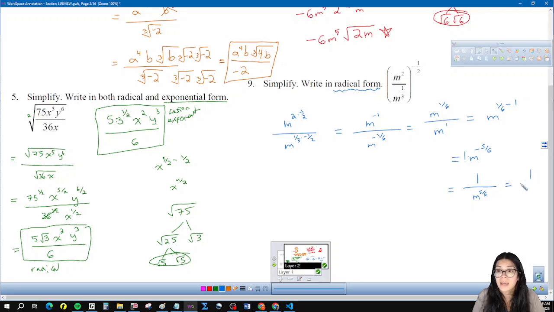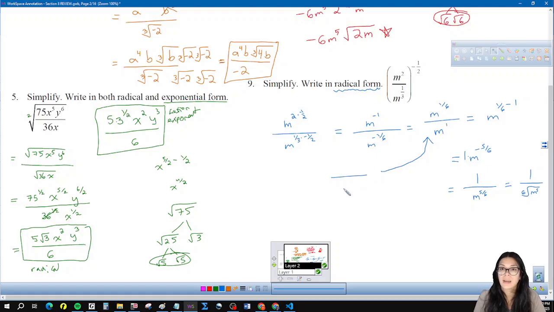And if we did that, we would then have the 6th root of m to the power of 5. So we cannot have any radical in the denominator at all, which means that we can actually go back to this step here, which was the last step that did not have a radical in the denominator, and use this one.